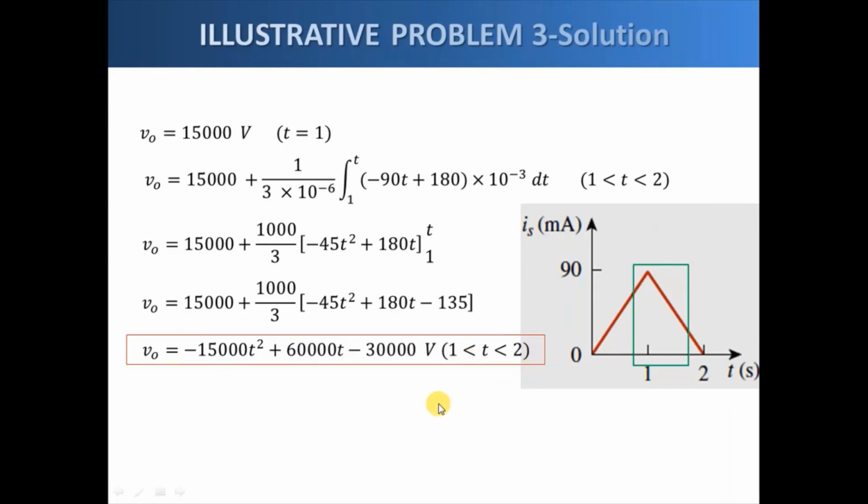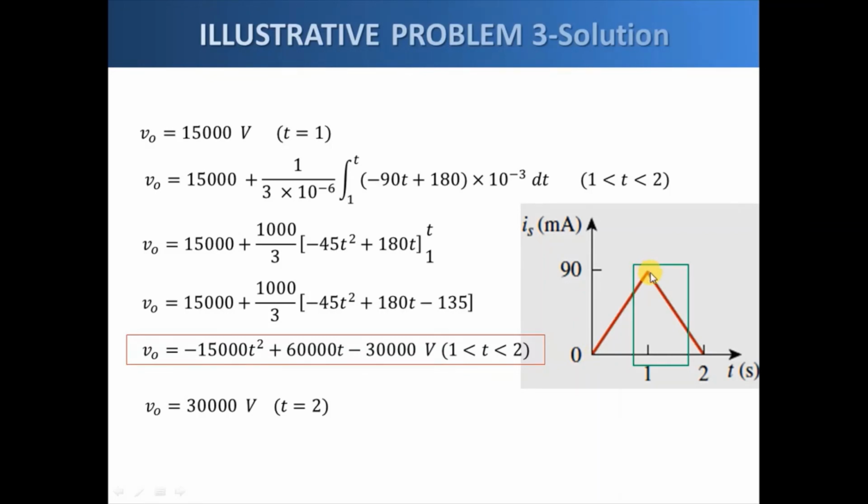Now we can also get the voltage at exactly t equals 2 seconds, and that would be 30,000. So we have a net voltage after the current varies from 0 to a maximum of 90 milliamps.